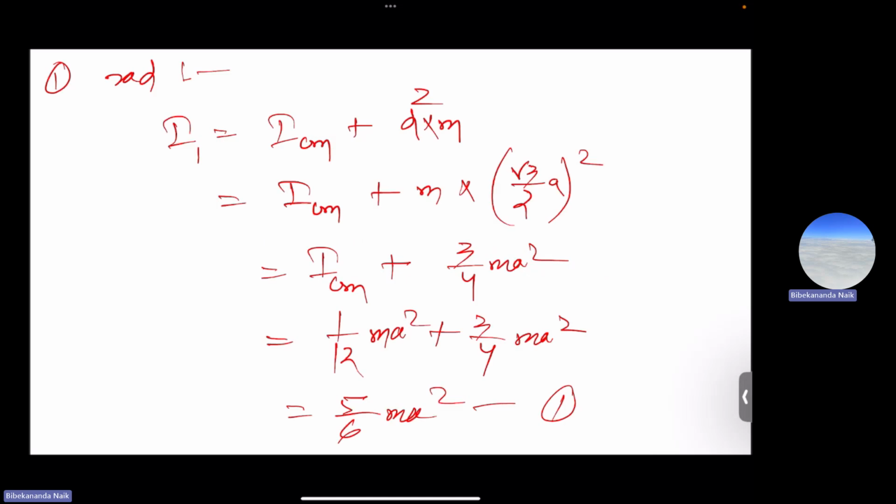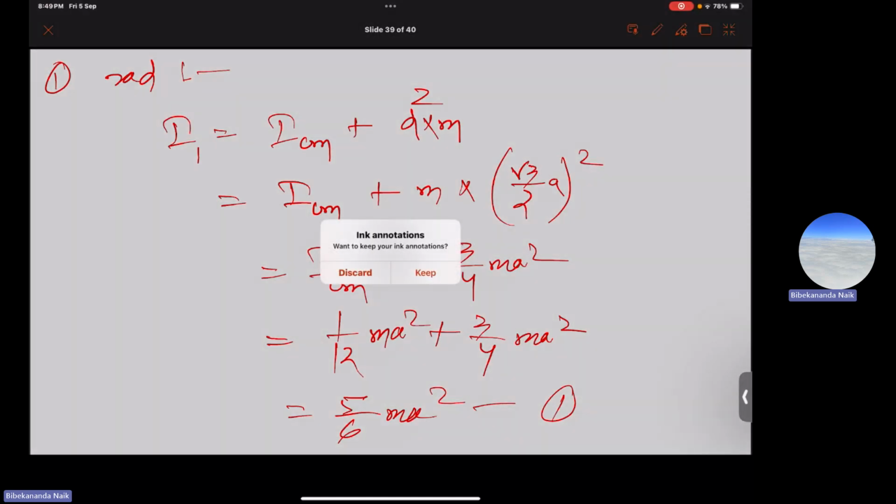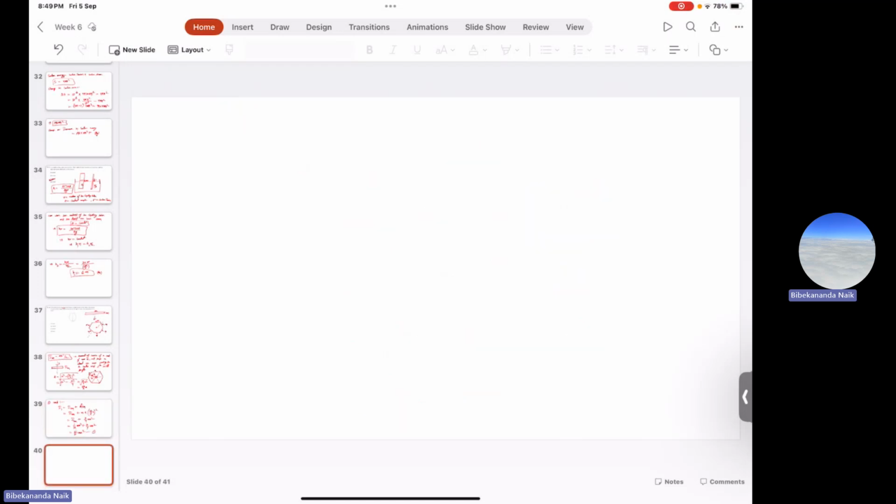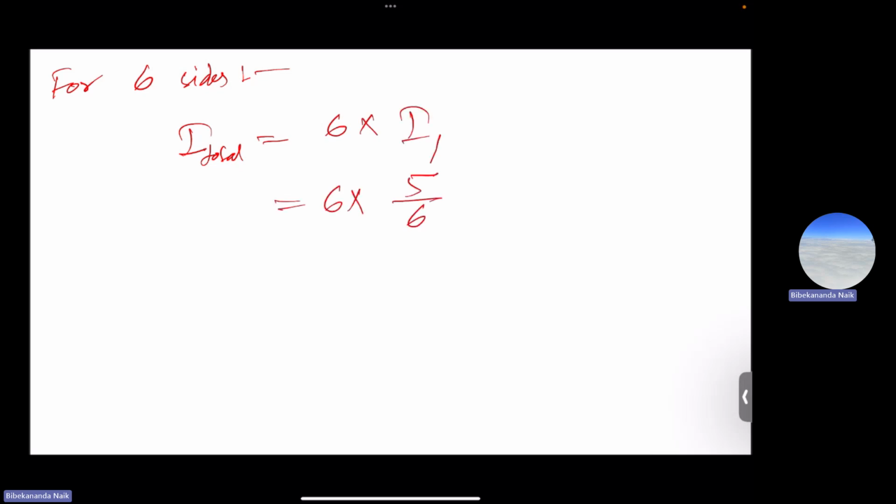So for one rod, let me add another slide. For 6 sides, what will be the value of I total? 6 into I1, 6 into 5 by 6 m a square.